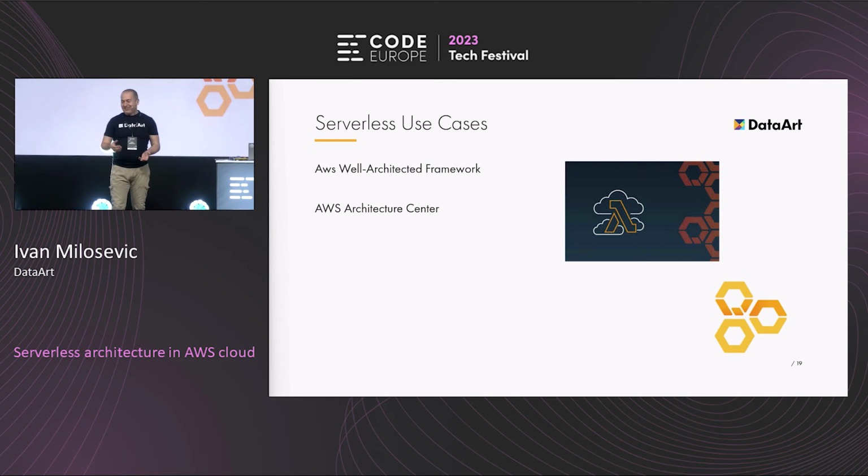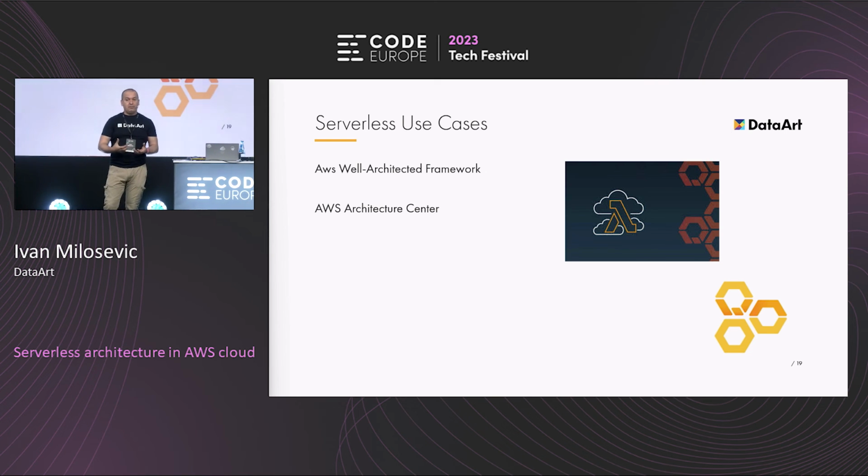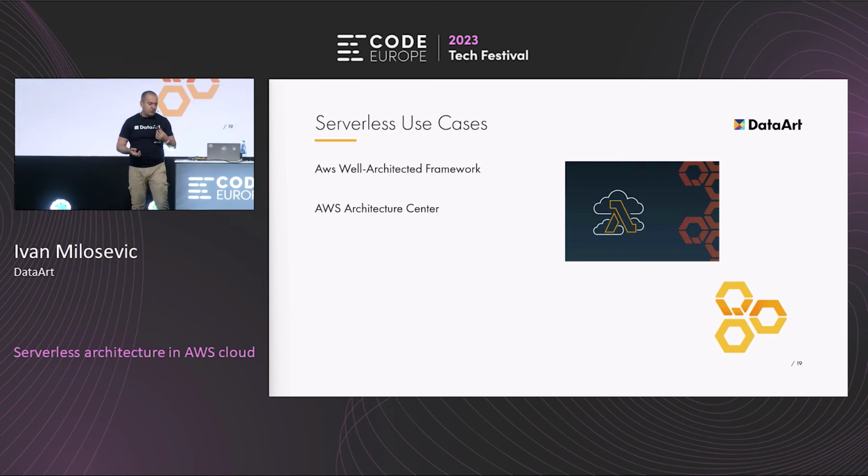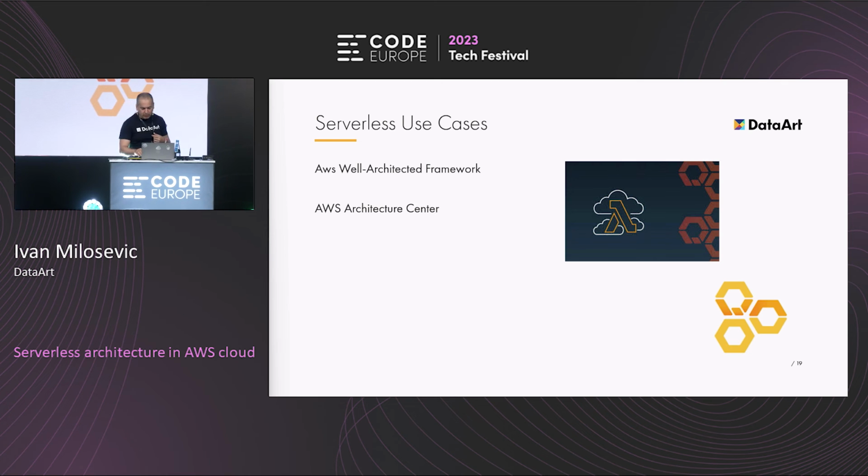But this AWS Architecture Center already has a lot of predefined use cases that you may want to investigate, and if not 100%, at least you can get a decent amount of architecture proposed that you can use for the specific use case that you are dealing with.